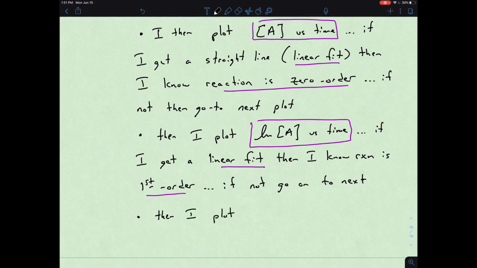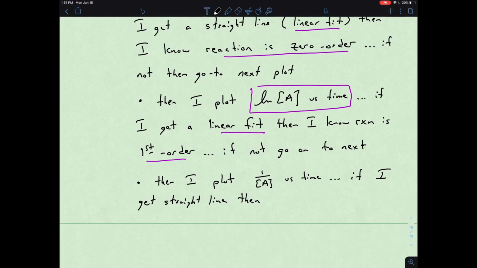And then you plot 1 over concentration versus time, and this would be then a second order process. And again, if not, I go to the next.